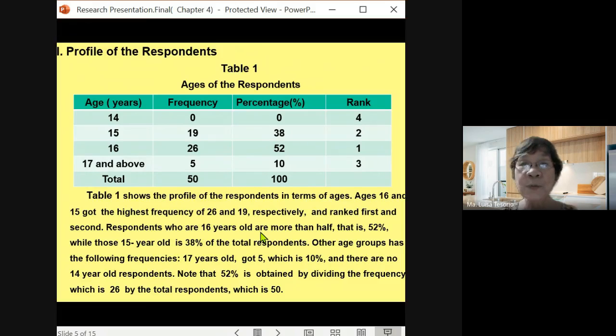Other age groups has the following frequencies. 17 years old got 5, which is 10%, and there are no 14-year-old respondents. Also, notice that 52% is obtained by dividing the frequency, which is 26, by the total respondents, which is 50.